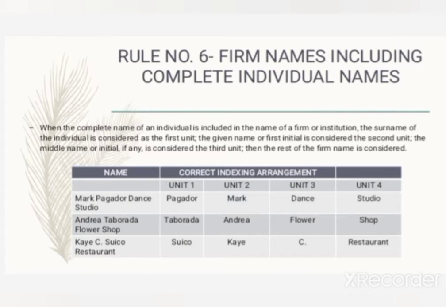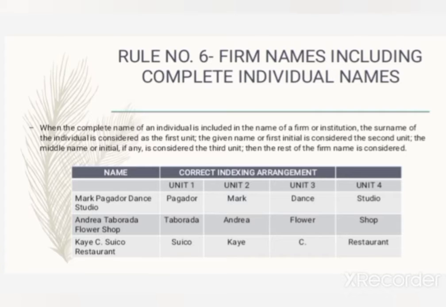Rule number 6, firm names including complete individual names. Firm names in rule number 5 do not include the name of an individual. Rule number 6 is different because if the name of an individual is included, the surname of the individual is considered as the first unit, the second unit is the first name, then the rest of the firm name is considered as the third unit.